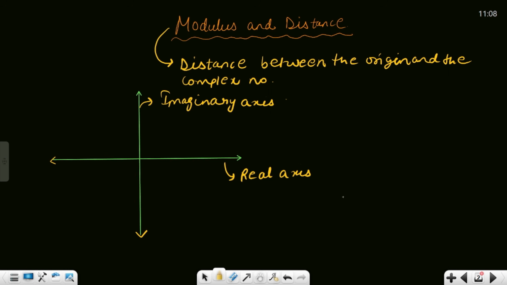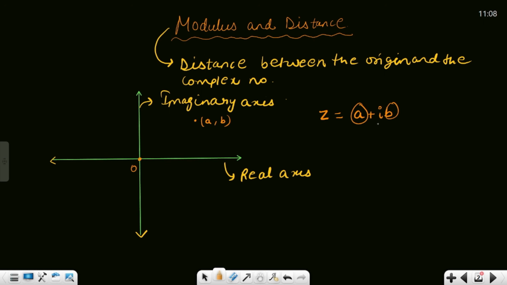So if I want, z is equal to a plus iota b. If I want the modulus of this complex number, how will we find it? See, z is any complex number. If I plot it here, let's say a comma b are two positive real numbers.